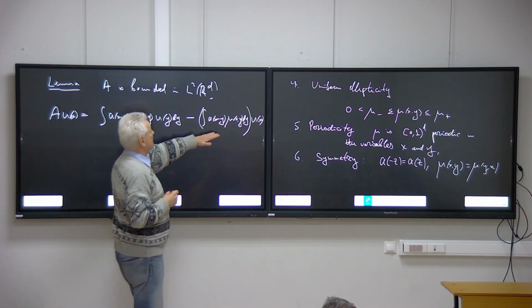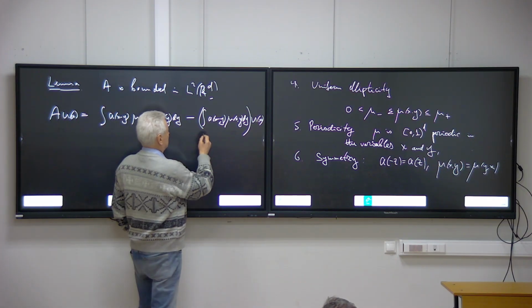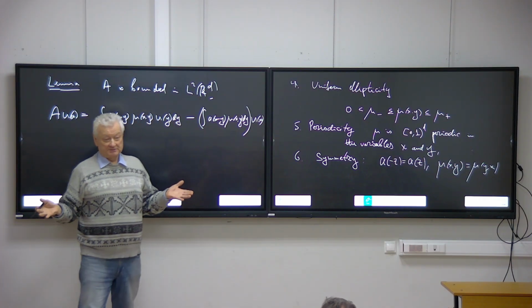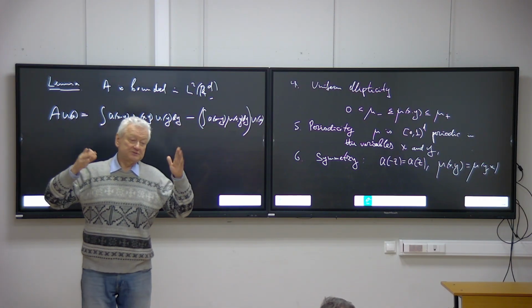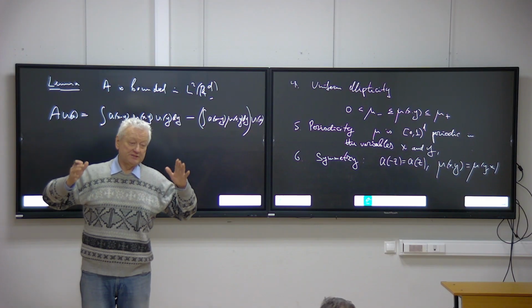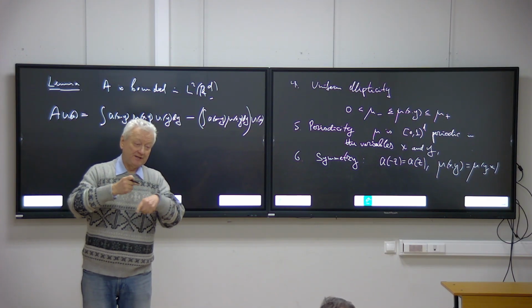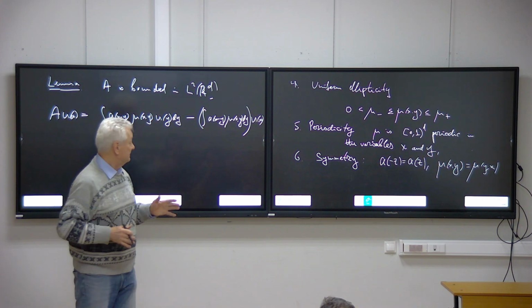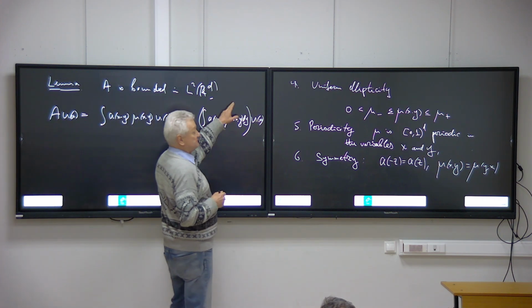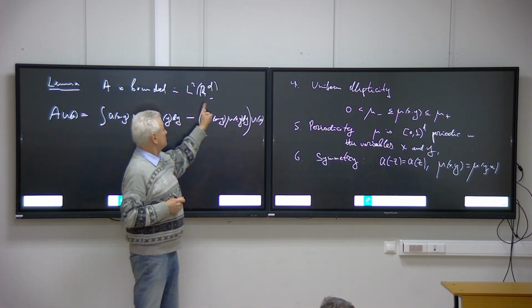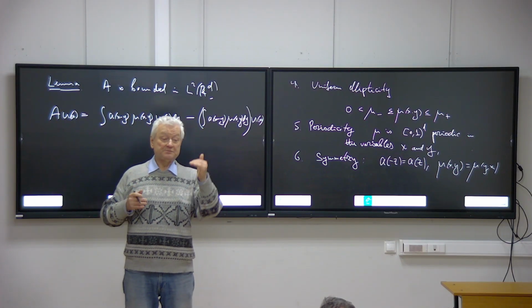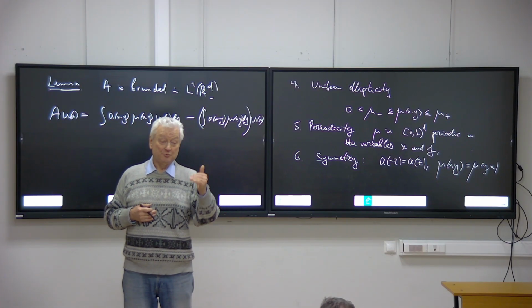So what can we say about this function? The integral of a of x minus y dy is a constant. Without loss of generality, we can assume that it is 1. Just redefining a and mu, we can assume that the integral of a is equal to 1. And mu lives between two positive constants, so this coefficient is also a function of x which stays between mu minus and mu plus.